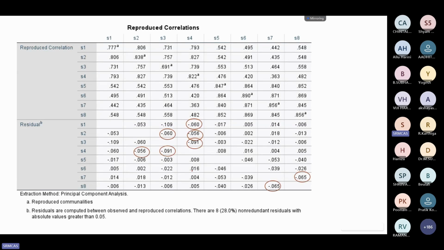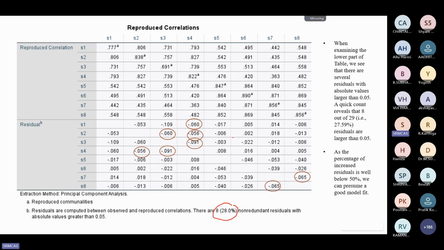Here, 0.056, 0.06, 0.09 are all more than 0.05, so these correlations are treated as unfit, but the number of unfit ones should be less than 50%. Here it is only 28%, so all the variables are fit for the analysis, and in such a way we can say that goodness of fit exists.